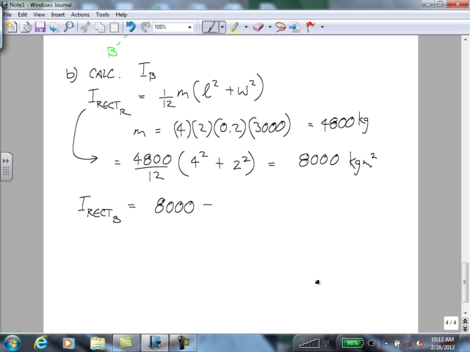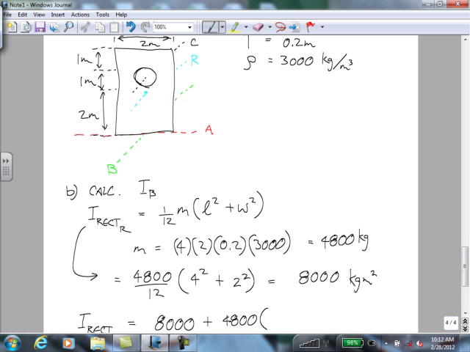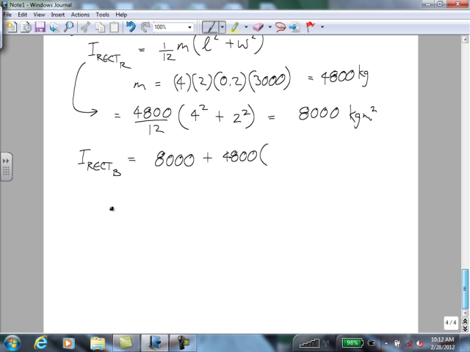And now we want the moment of inertia of the rectangle about B. So we use the parallel axis theorem. So 8,000 plus 4,800 times the distance squared. What's the distance? We're going from R, the center of the rectangle, to here, so the distance is 2 meters.